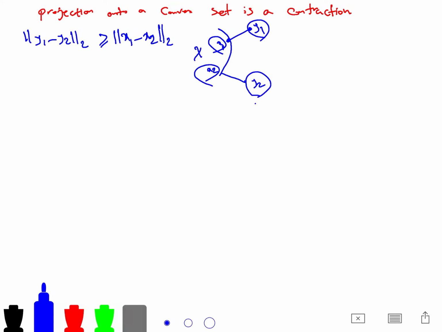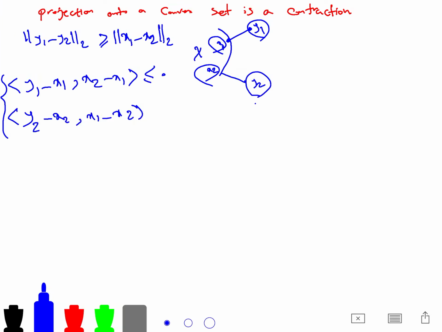So we know from my previous talk that the inner product between y1 minus x1 and x2 minus x1 is less than or equal to 0. Both of them hold. On the other hand, the inner product between y2 minus x2 and x1 minus x2 is less than 0. So let's work on this.